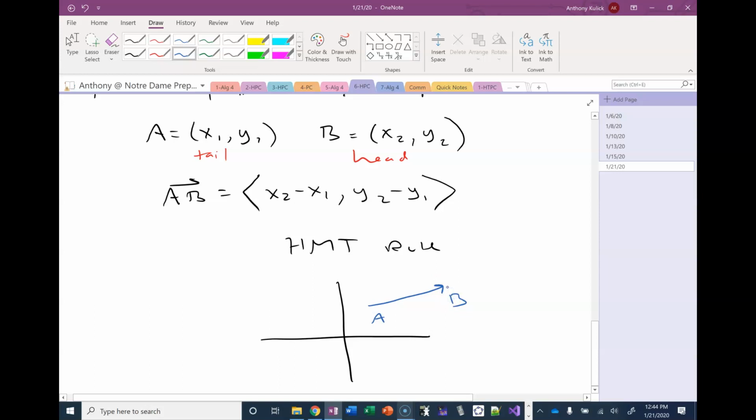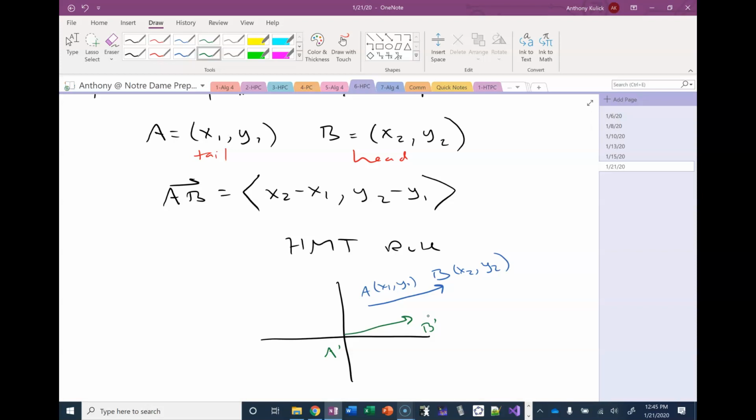Here's my vector AB, right? To put it into component form, I need it to go down here. Everybody okay with that? This is just a geometric transformation that I'm doing.